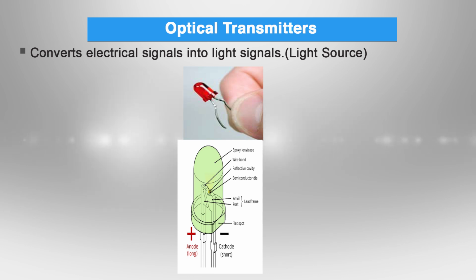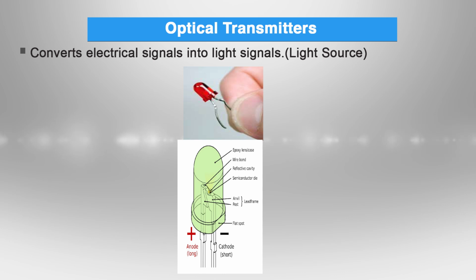Light emitting diode emits incoherent light with broader spectral width and lower intensity, used in short distance and lower speed application. Second component is modulator. Direct modulation: the electrical signal directly modulates the current driving the light source, causing the light intensity to vary in accordance with the signal.